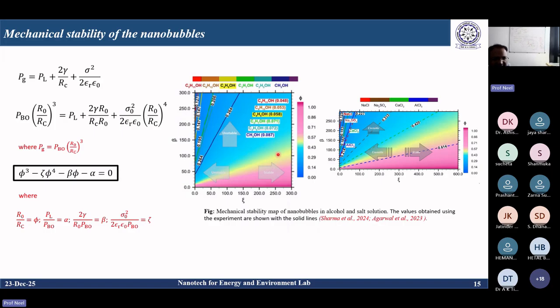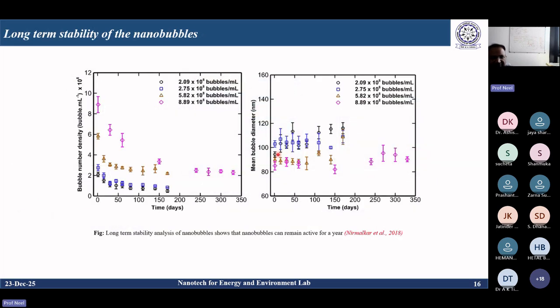We have developed several theories, as I said, on whether the bubbles are stable. Of course, if the bubbles are stable, this would predict the stable size, and we are able to predict the stable size of the bubble. This is the experimental data. We have monitored the nanobubble density and the mean size. We find that bubbles are stable up to 1 year even, right?